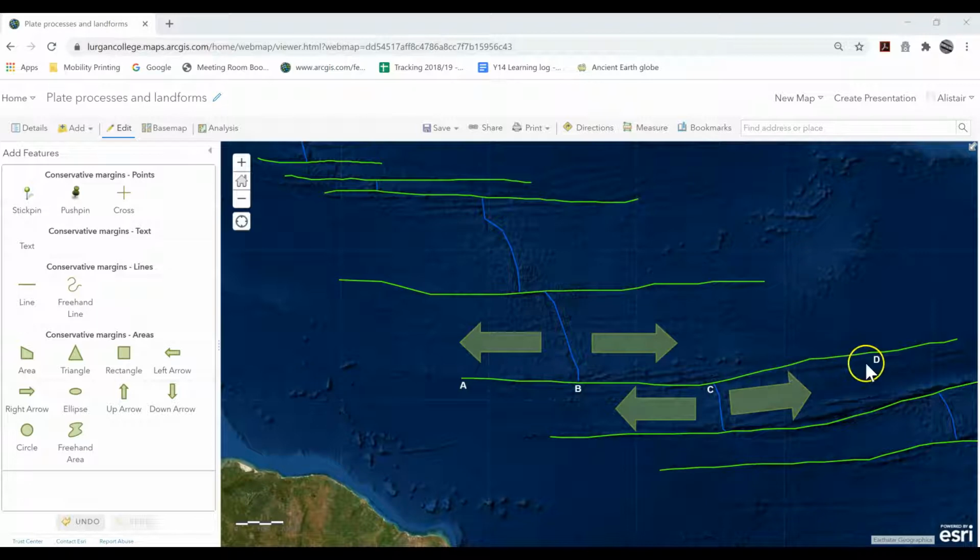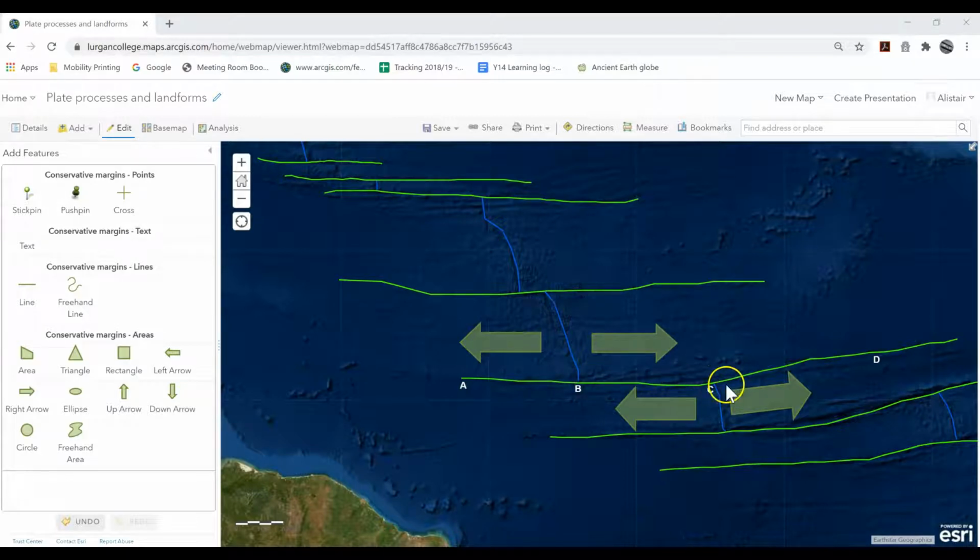Between C and D, however, the plates are moving alongside each other in the same direction. Between A and B, the plates are also moving alongside each other in the same direction. But between B and C, you do have them moving alongside in a different direction, and this is exactly what we'd expect at a conservative plate margin.